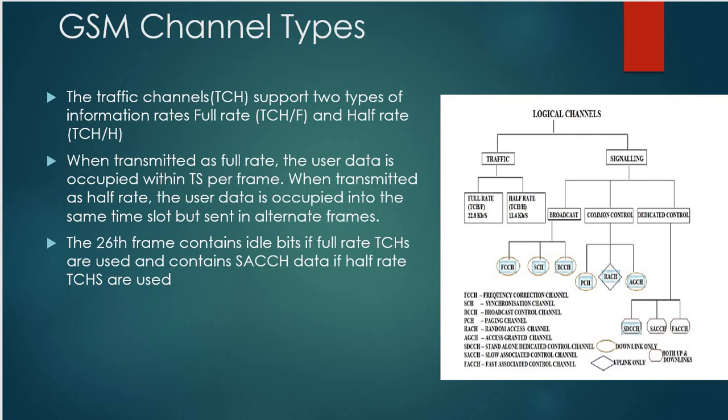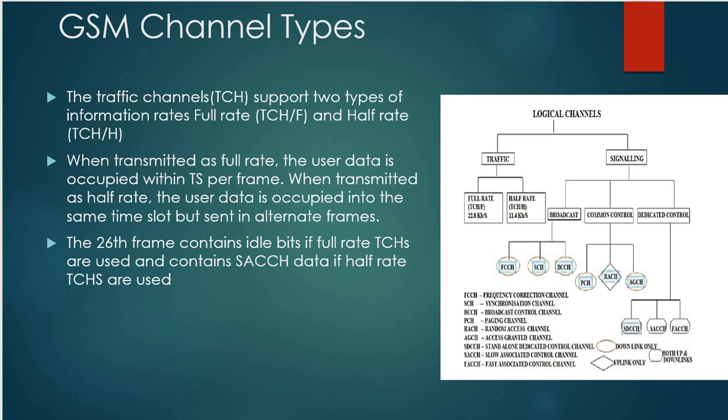The 26th frame contains idle bits if it is full rate. If we are using full rate continuously, the 26th frame contains idle bits. TCHs are used and contain SACCH data, and in half rate, TCH/Hs are used. What is SACCH?